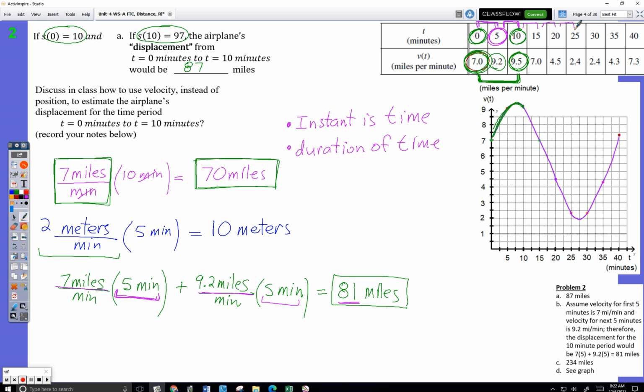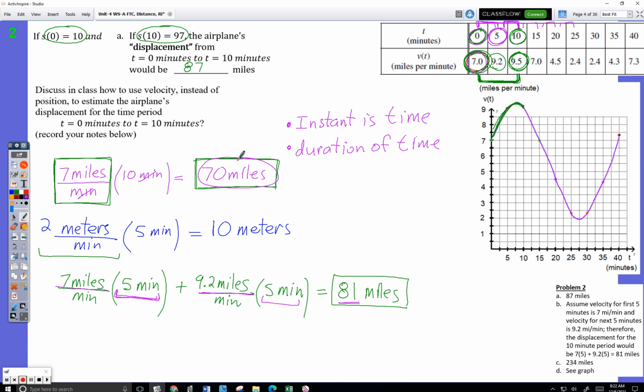Okay, next thing. When we said that the velocity of the plane was 7 miles per minute for the entire 10-minute duration, we were able to calculate one possible estimate of the plane's displacement.